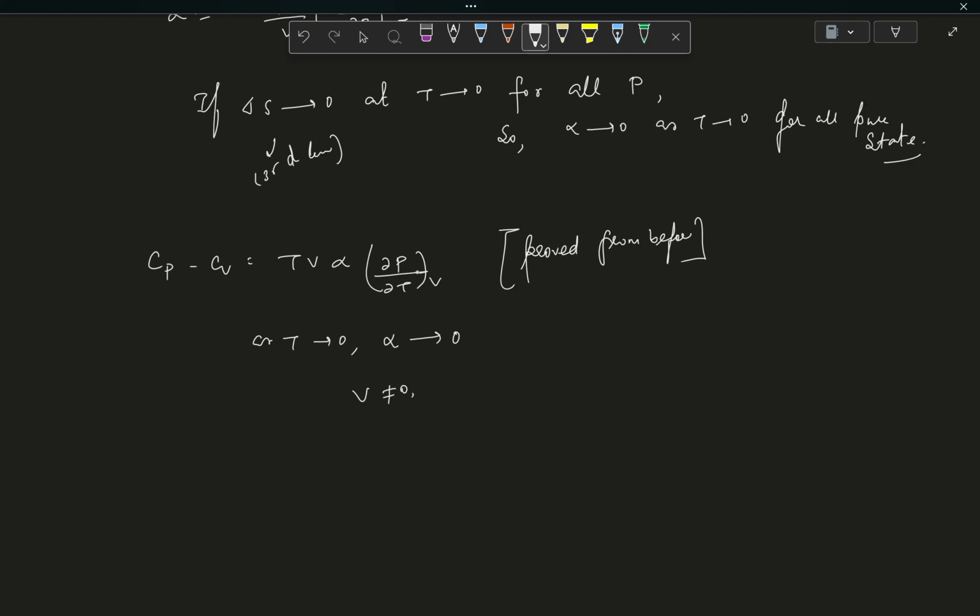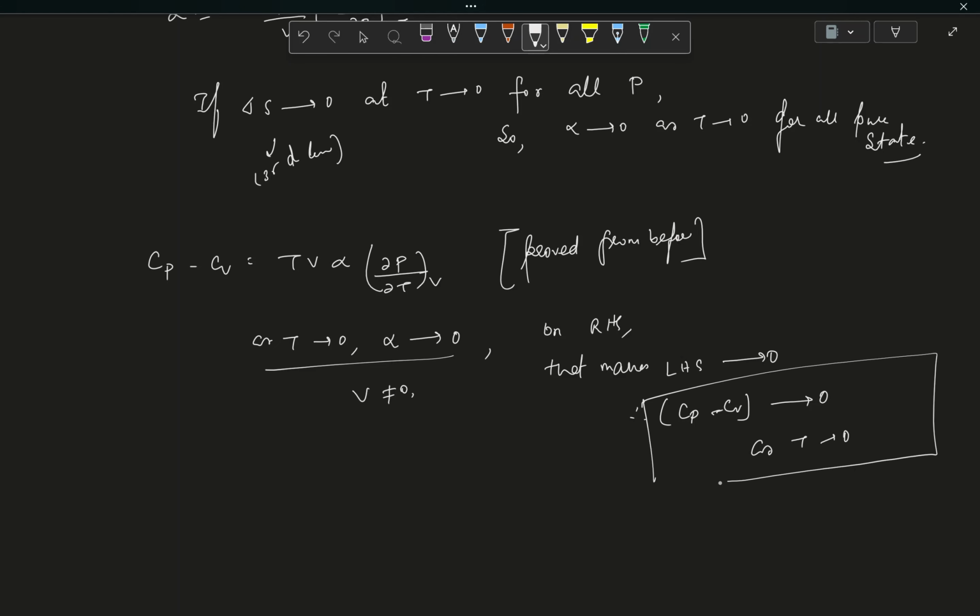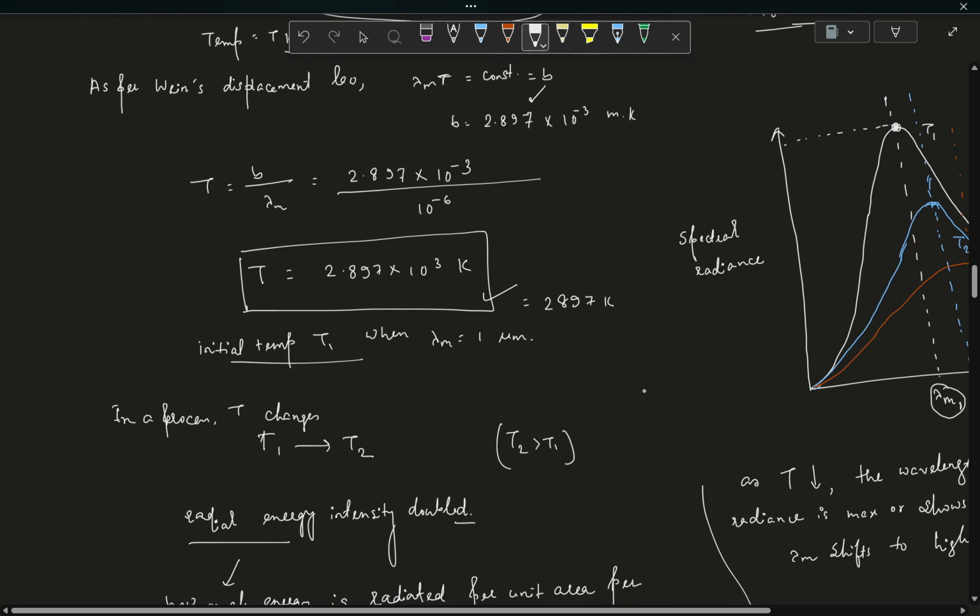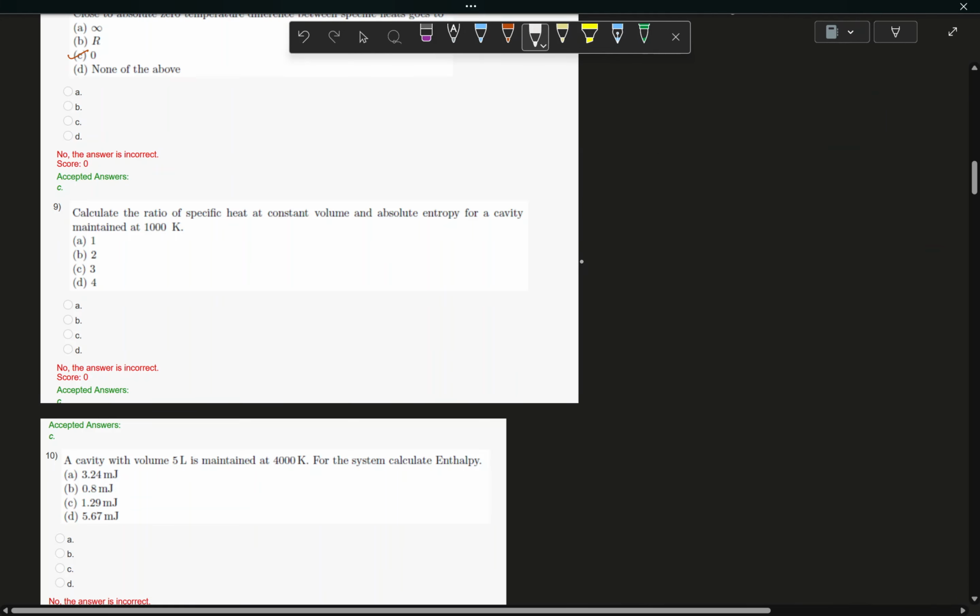So as temperature tends to 0 and alpha tends to 0 on the right-hand side, the left-hand side tends to 0, so Cp minus Cv, the difference in the specific heats, tends to 0 as temperature tends to 0. This is option C, so we have obtained the correct answer.